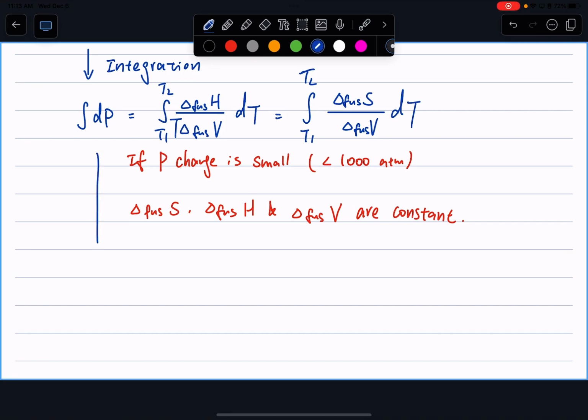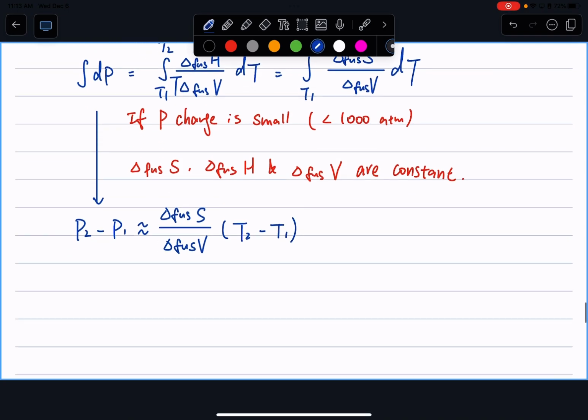And that largely simplifies this model to P2 minus P1, or the change in pressure, approximately equals delta fusion S over delta fusion V times T2 minus T1. Or this one approximately equals delta fusion H over delta fusion V times the logarithm of T2 over T1.